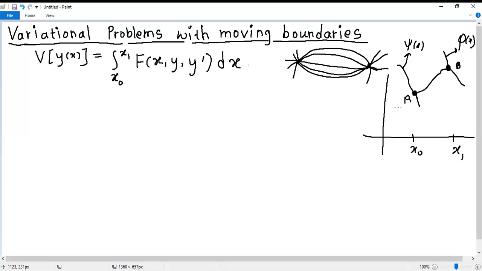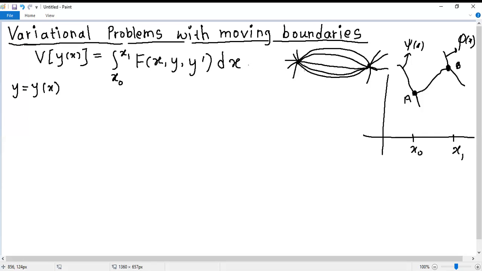To start with, let us suppose I am dealing with a variational problem with moving boundaries. If on a curve y equal to y of x an extremum is attained in a problem with moving boundaries, where moving boundaries means the endpoints are allowed to move, and y equal to y of x is the curve on which the extremum is attained by a functional, then we have seen that it will certainly attain the extremum on a restricted class of curves with fixed boundary points.